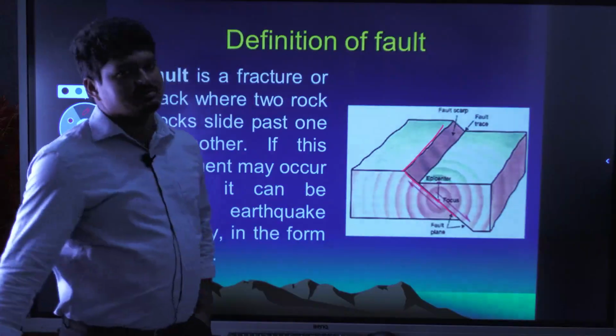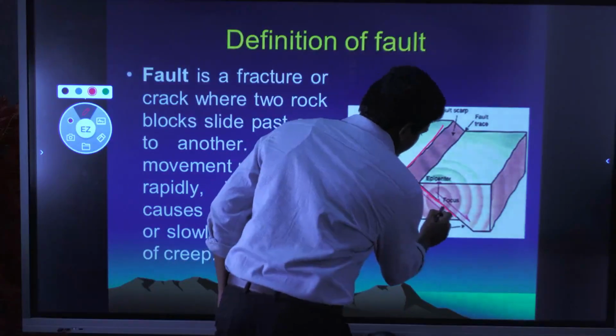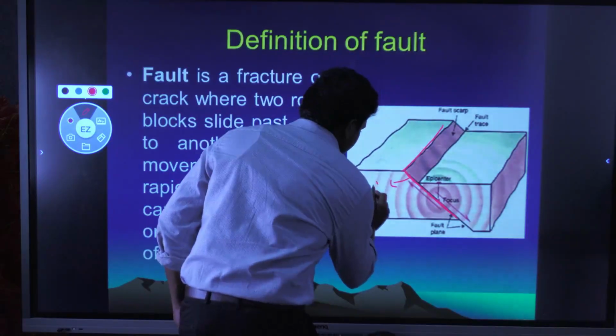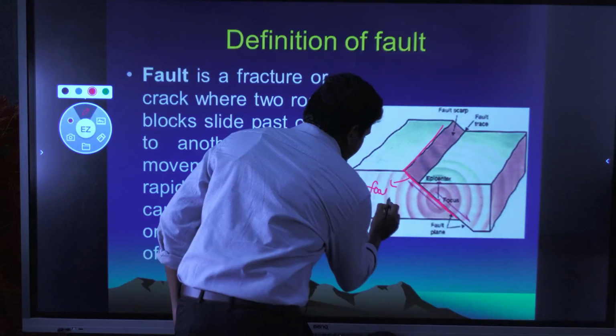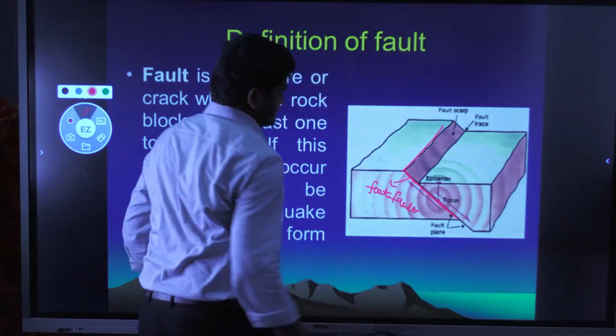If you look at the fault terminology, we call these particular positions by names. This is the footwall.